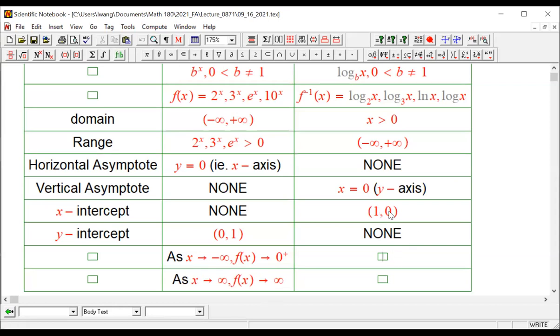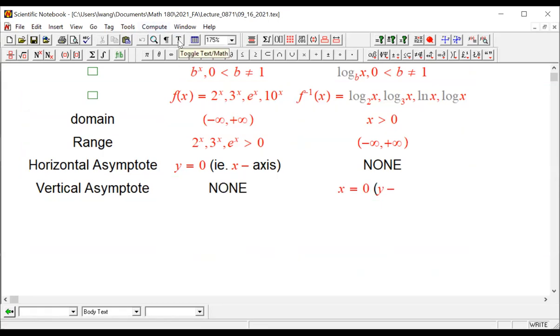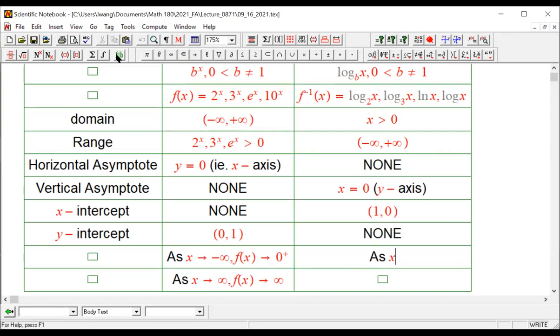And the other one, which is very important: as x approaches 0, these f inverse functions all approach negative infinity. And the other ones, of course, are similar to that one.